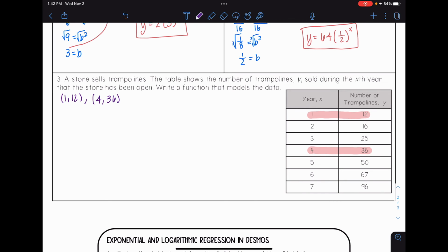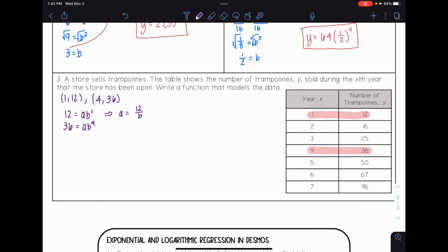Creating my system of equations, from the first point I get 12 is equal to ab to the first, and from the second, I get 36 is equal to ab to the fourth. Solving that first equation for a, I divide by b, and I get that a is equal to 12 over b.